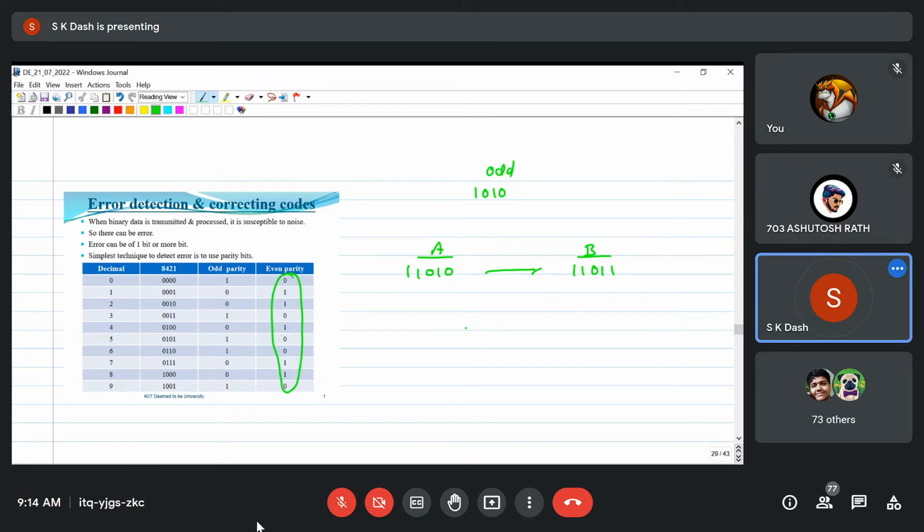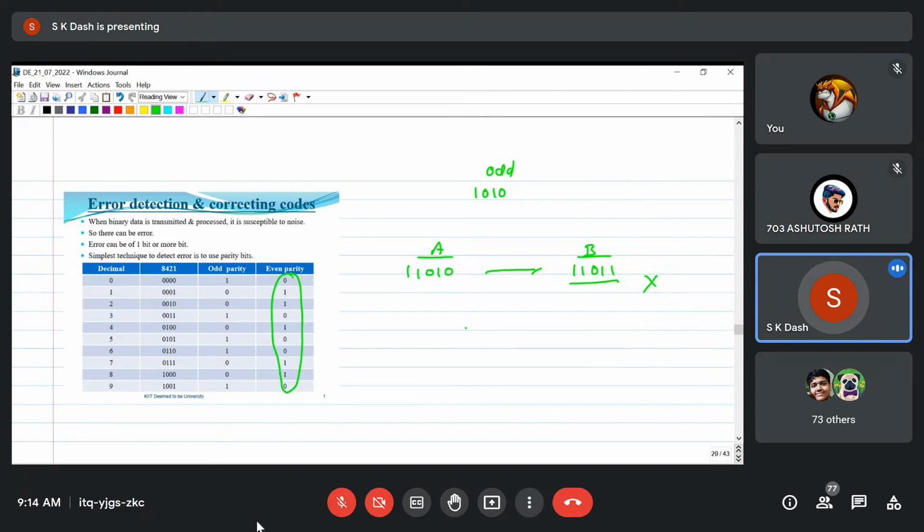That means he knows that whatever he received is not the correct message. But can he rectify it? No, sir. He knows there is an error in the message, but he doesn't know in which position the error is.